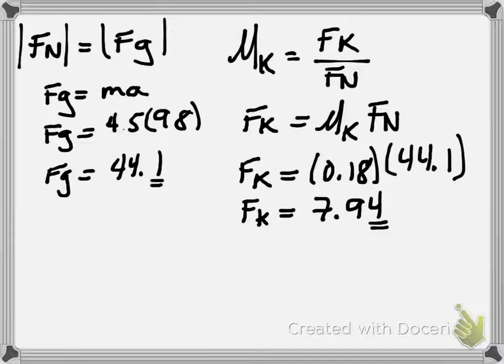So in this particular question, we have a box that is 4.5 kilograms. It's moving across a rough surface. So the key there, it's being pushed or moving across. So we're talking about kinetic friction. And so again, in there it says a constant force of 10 newtons.